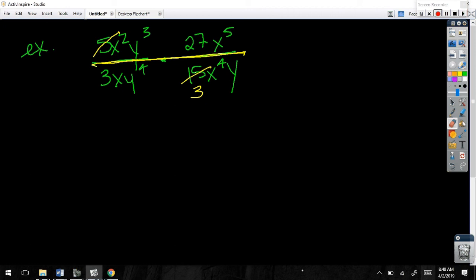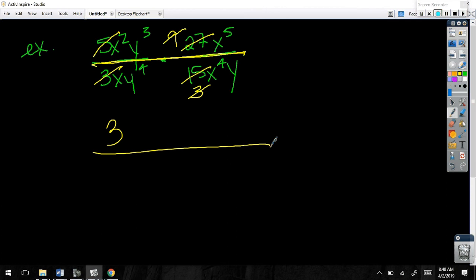Yes, you can do the 9. So 27 over 3 is 9 up top. And now the 9 and the 3, 9 divided by 3 is 3. That was a lot easier in my opinion.